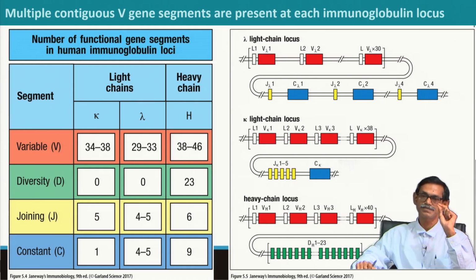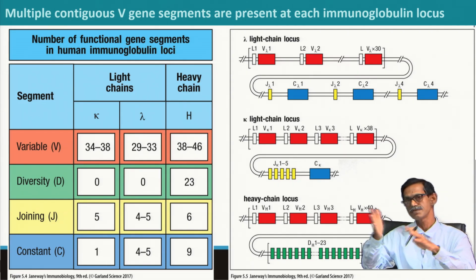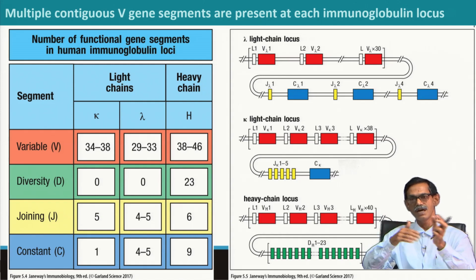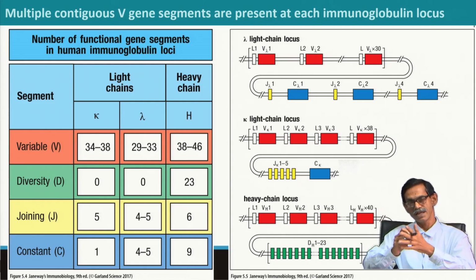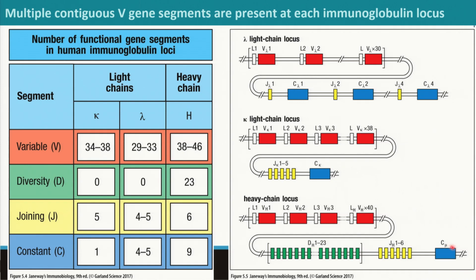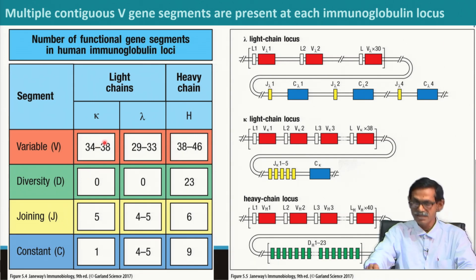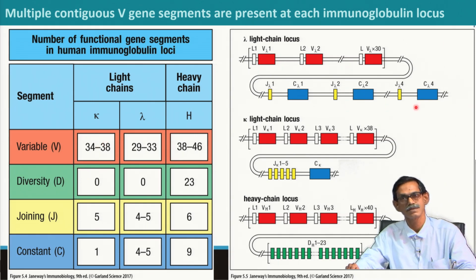For the constant portion, if you remember IgM, IgD, IgG, the gene is normally named like IgM is mu, IgD is delta, IgG is gamma, like that, and IgE epsilon, IgA is alpha. So, in the same way C mu is IgM. I hope you understand. So, these are the numbers and this is the orientation, clear.